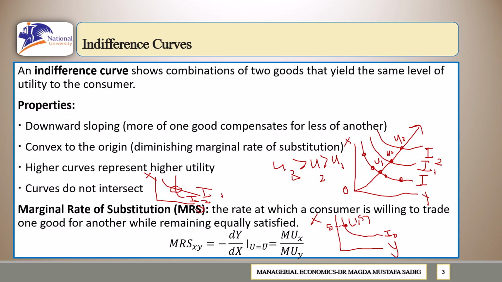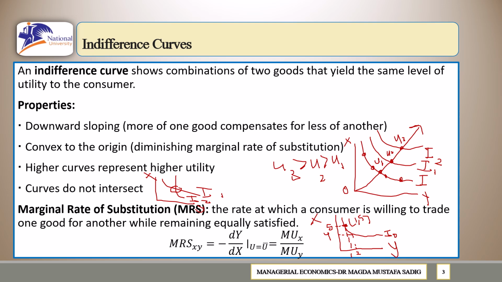This is 5 and this is 1. So if you want to reduce your consumption of X, you need to increase Y, like this. If you want to increase Y up to 2, it means that you have to decrease your consumption of X. Why? Because you are constrained by your budget.